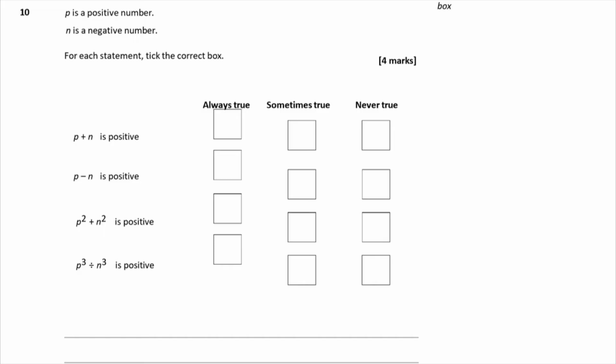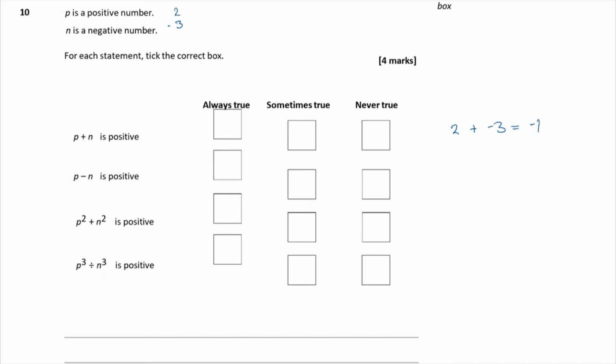P plus n is positive. Is that always true? Is that sometimes true? Is that never true? Well, I think with these, sometimes it's helpful to have some test values. So if I let P equal 2, say, and I let n equal minus 3, because n is negative, then 2 plus negative 3 is a negative number, isn't it?